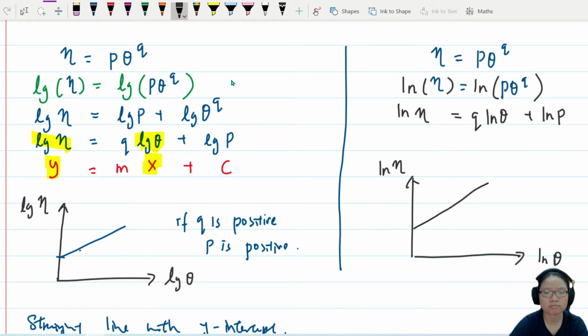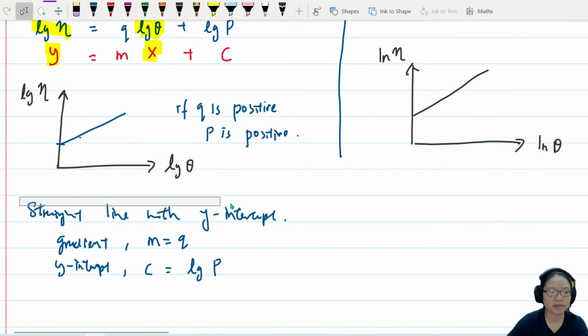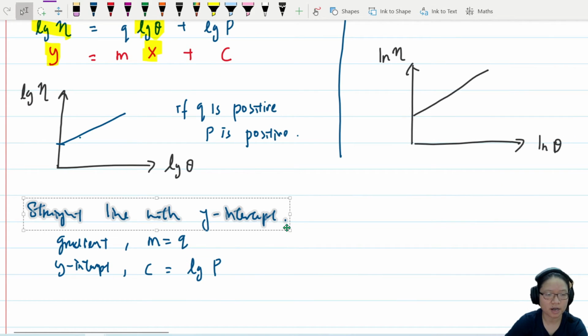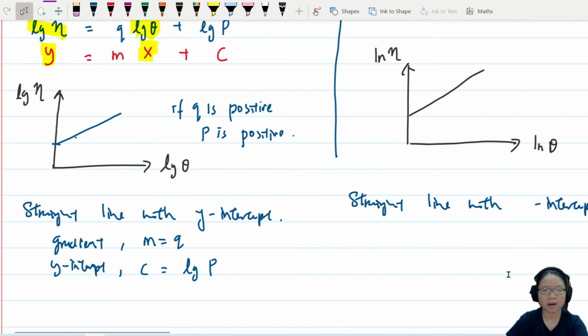Then of course, the absolute value is different. So q is still the gradient. We will still get a straight line with y-intercept. So whatever that is here, I'm going to copy and paste. It will be here as well. But the only difference now is not the gradient. Gradient is still equal to q.